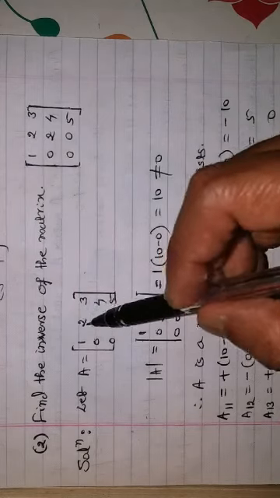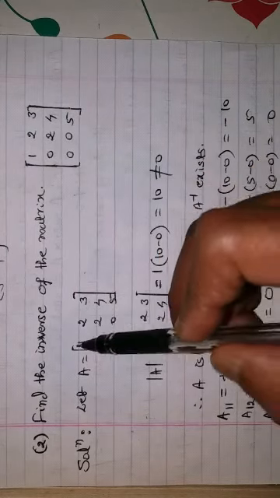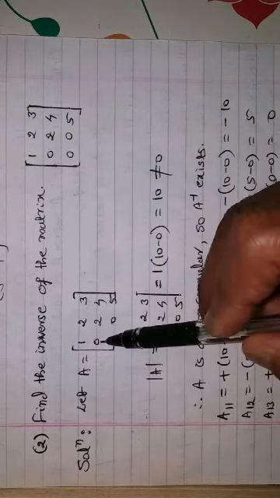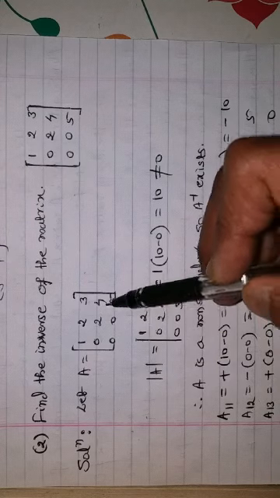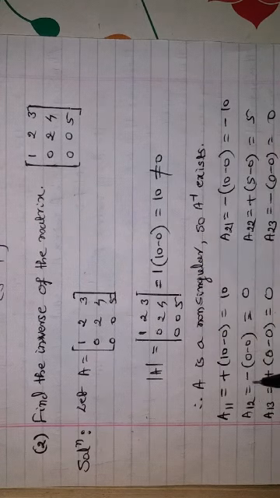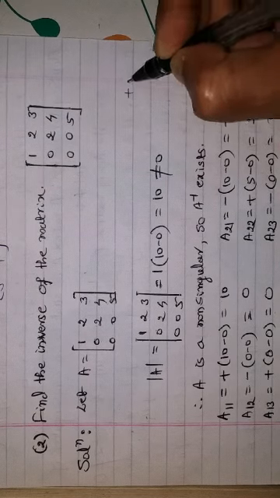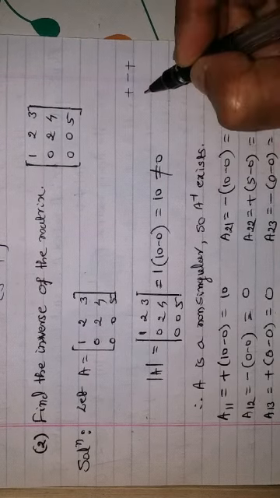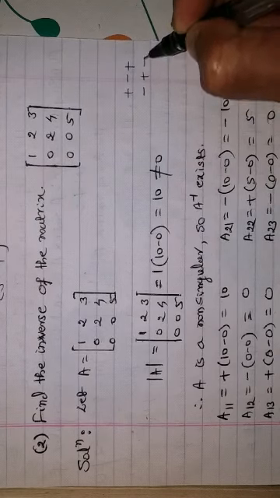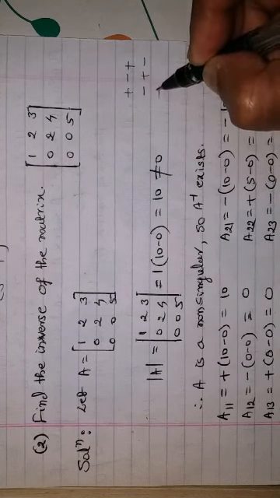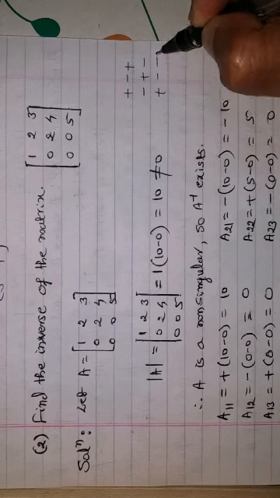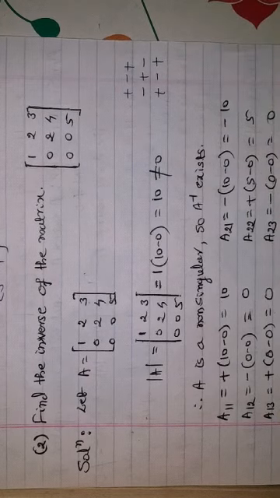A12 is 2. You leave this column, this row, 0 into 5 minus 0 into 4. That equals, by using the signs here: plus, minus, plus for the first row; minus, plus, minus for the second row; third row plus, minus, plus. Am I right?